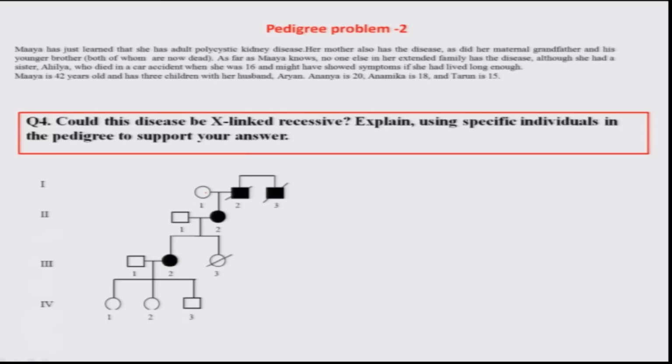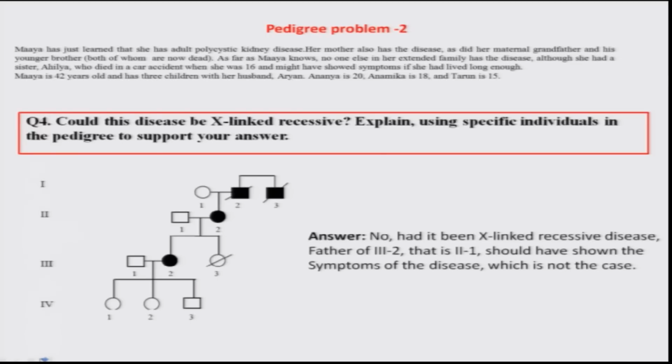But had it been X-linked recessive, then 2,1 should also be showing the disease, because 2,1 is male, and X-linked recessive shows in the male. So it does not seem likely that this could be X-linked recessive. That is what I have written: no, had it been an X-linked recessive disease, the father of 3,2, that is Maya, that is 2,1, should have shown the symptoms of the disease, which is not the case.